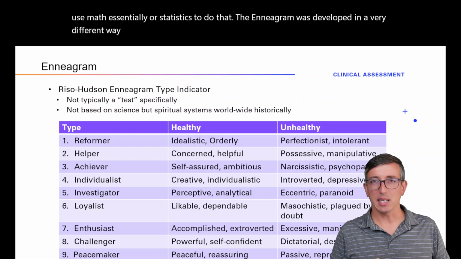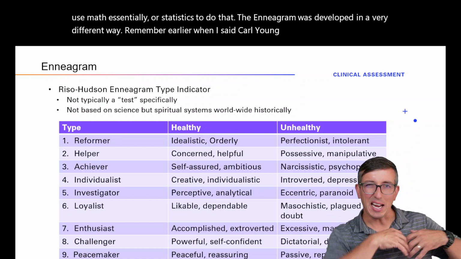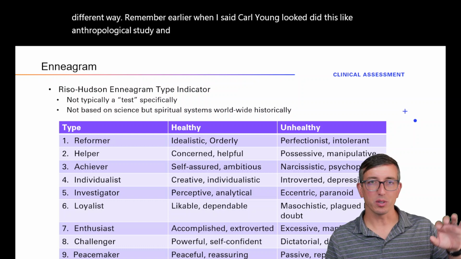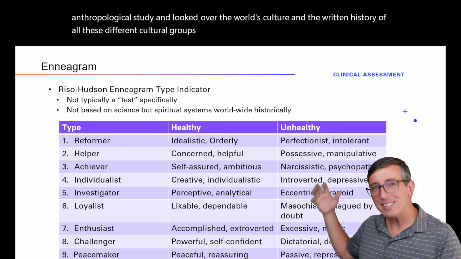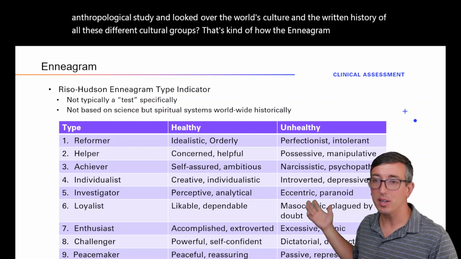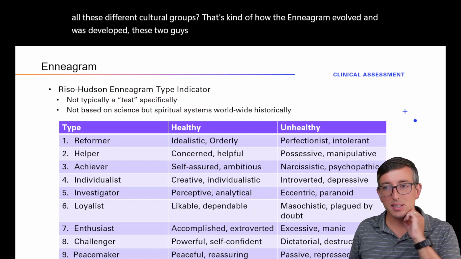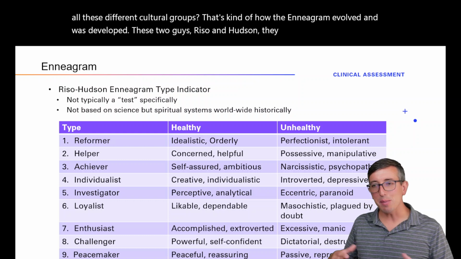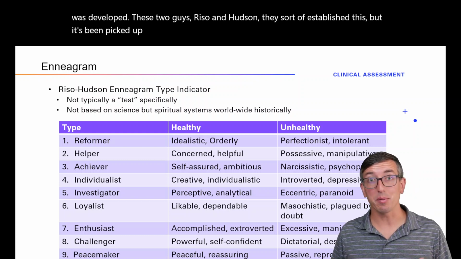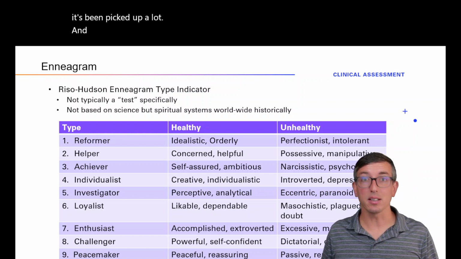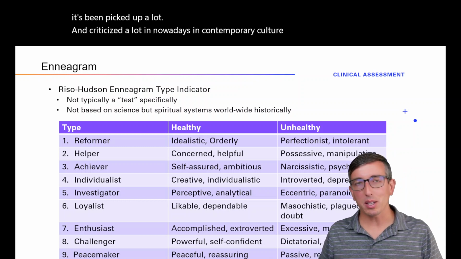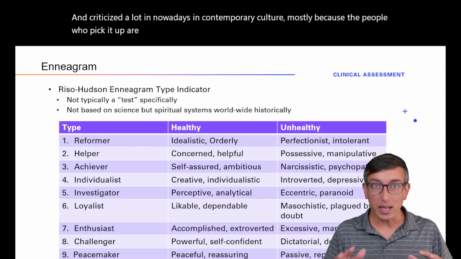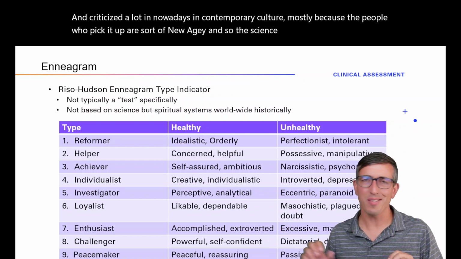Remember earlier when I said Carl Jung did this anthropological study and looked over the world's cultures and the written history of all these different cultural groups? That's kind of how the Enneagram evolved and was developed. These two guys, Riso and Hudson, sort of established this, but it's been picked up a lot and criticized a lot in contemporary culture, mostly because the people who pick it up are sort of new agey, and so the science folks are like, no, that's just new age stuff.